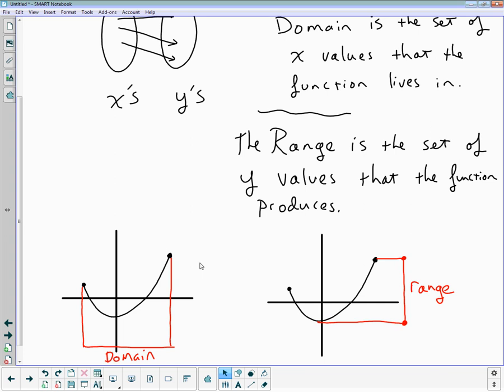so the domain and the range are determined by the maximum and minimum values of x and y. Where do all of the x's live? Where do all of the y's live? If you look at this graph, my domain is from the smallest x value all the way up to the biggest x value.